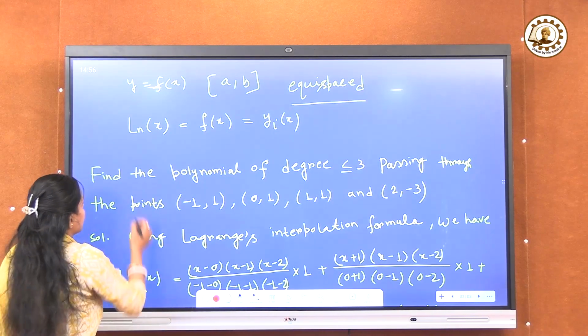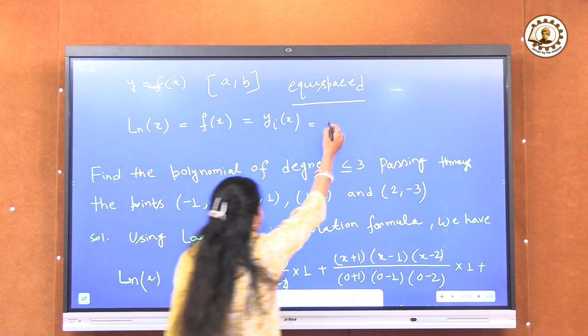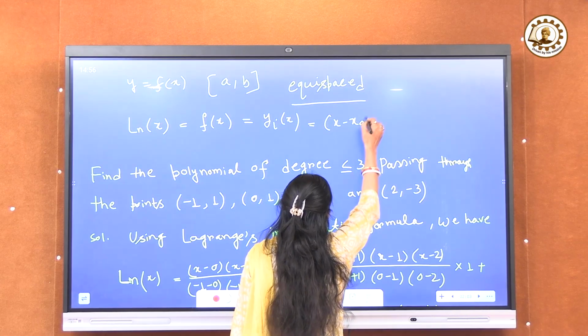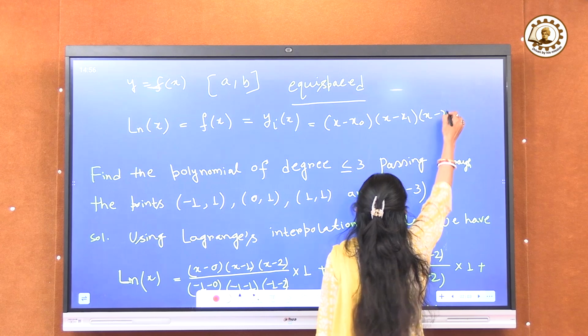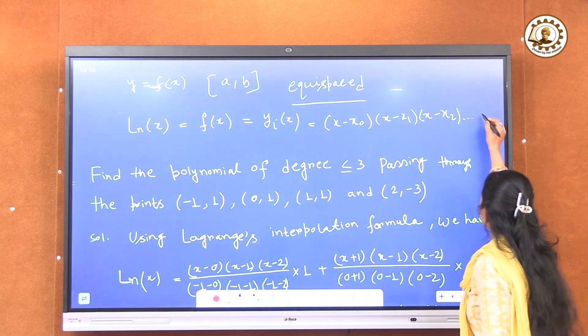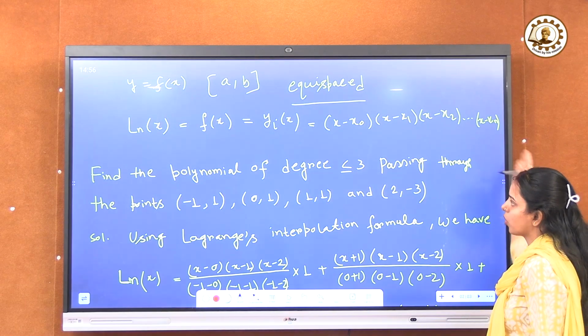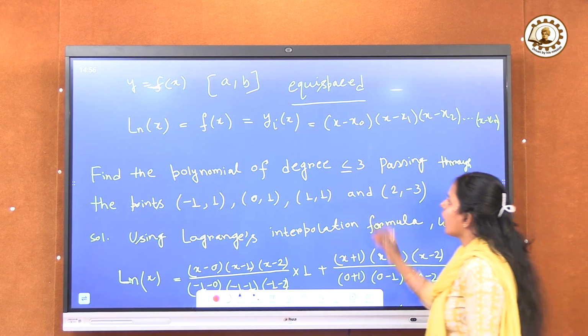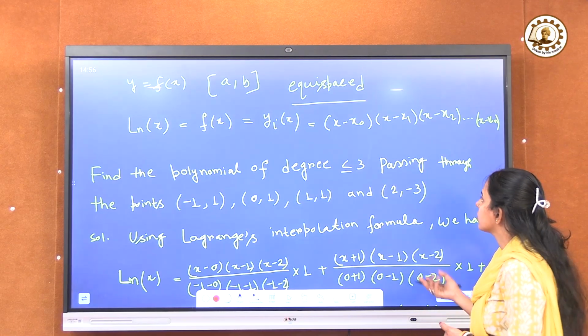At first we take our polynomial Ln(x) of this type: (x minus x0), (x minus x1), (x minus x2) up to (x minus xn). That means an nth order polynomial. Here our points are not necessarily equispaced.